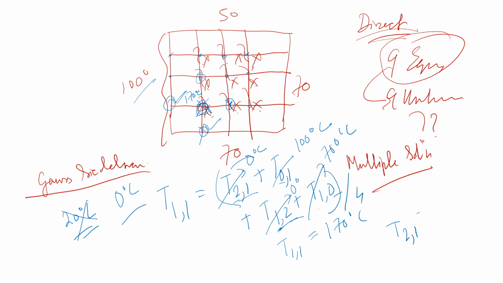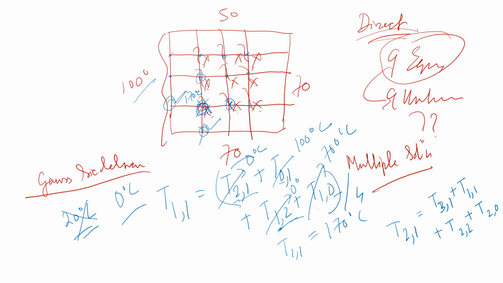In case of T21, you see the value says that T21 is T31 (I plus 1) plus (I minus 1), that means T11. And then we go for J plus 1, that means this will be your T22, plus J minus 1, that means this will be your T20, correct?